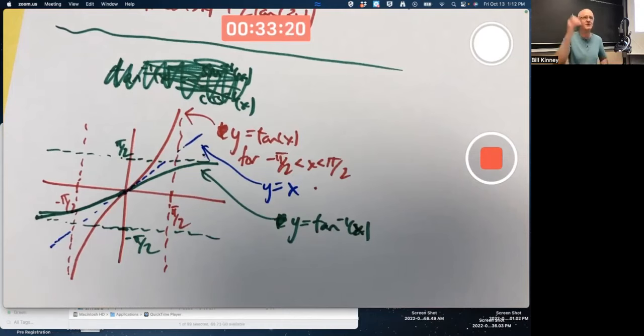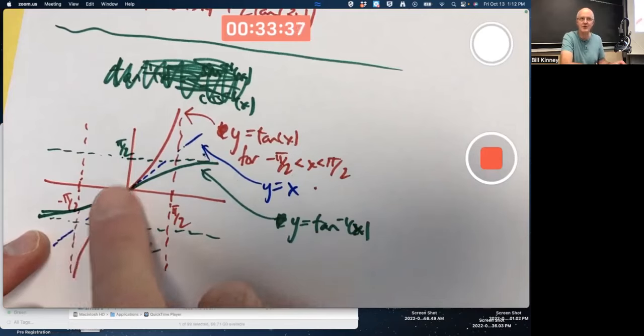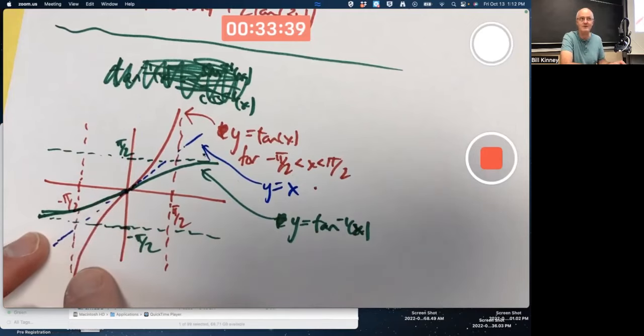This is actually a very useful function in lots of applications that don't necessarily involve right triangles. Why? It's perhaps the simplest function that's got two different horizontal asymptotes.